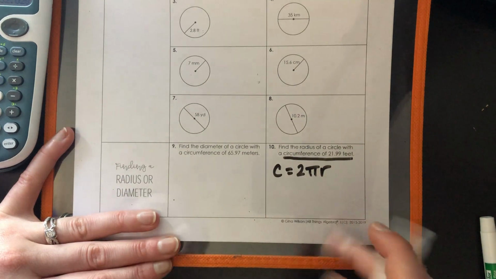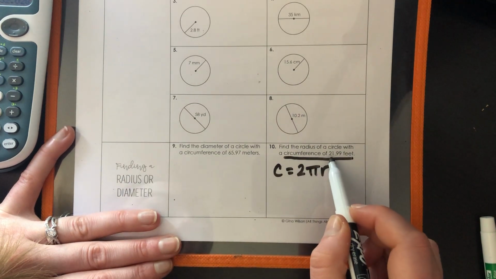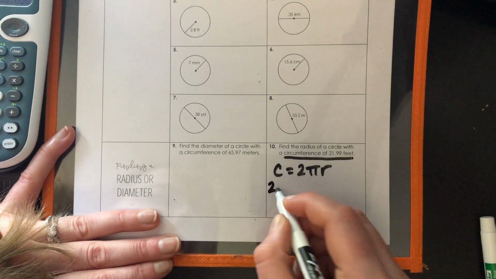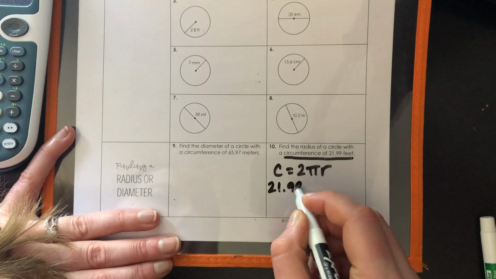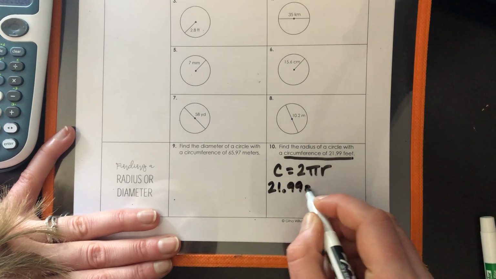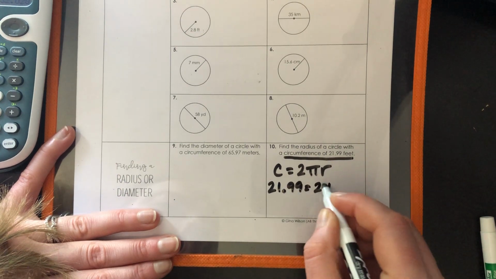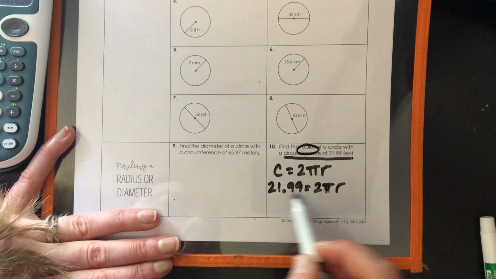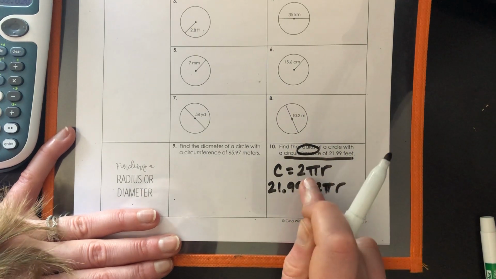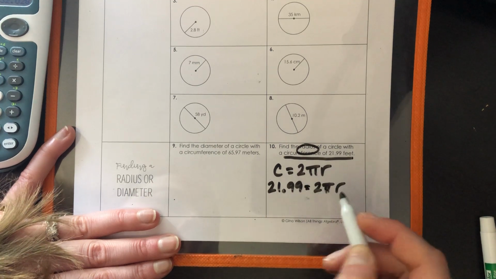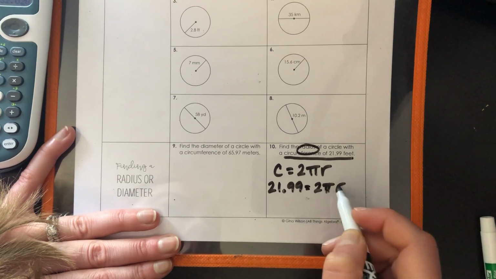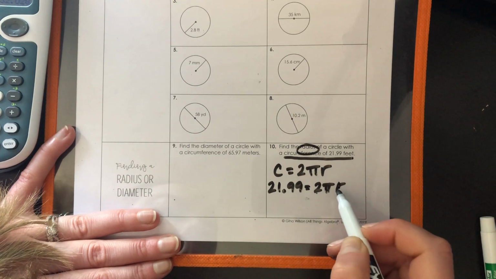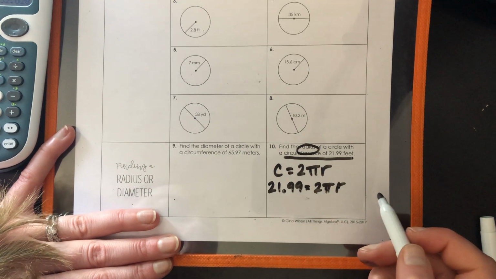They say that the circumference is 21.99 feet. So in place of circumference, they now found this for us. We don't have to compute it. But I'm going to bring down my 2 pi r. Then it says find the radius. Well, look at that. Hot diggity dog. I see, once I plug everything in, I can get the radius by itself. 2 times pi times r, it's all multiplied.